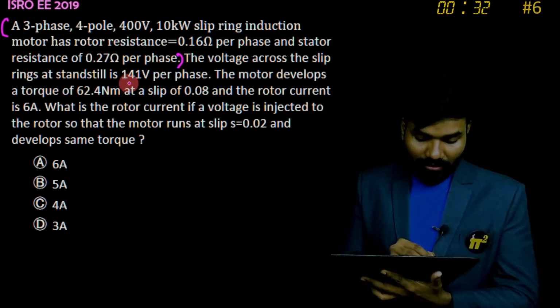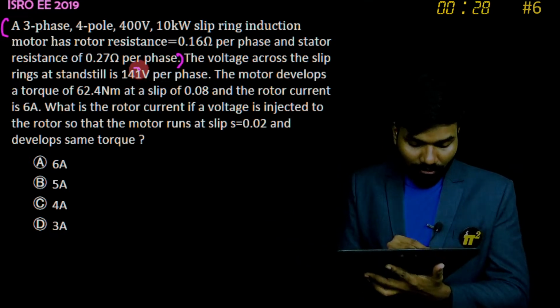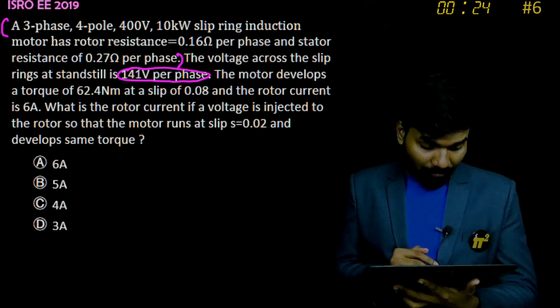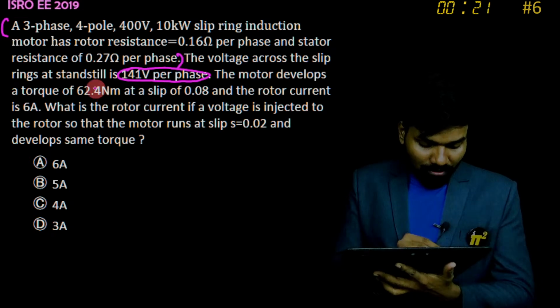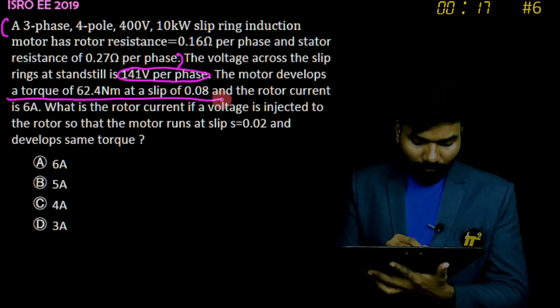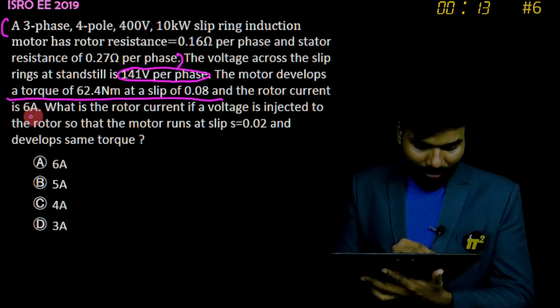The slip ring voltage per phase is given as 141. The motor develops this much torque at this particular slip, and the rotor current is 6 ampere.